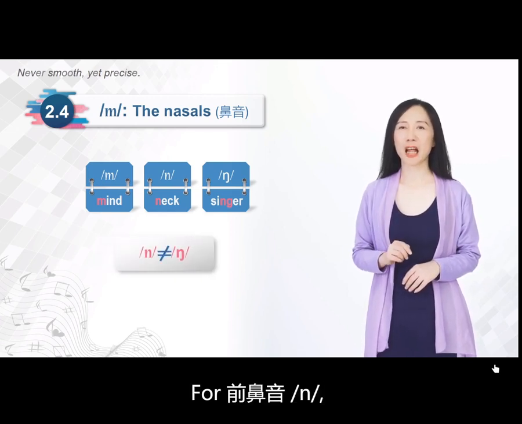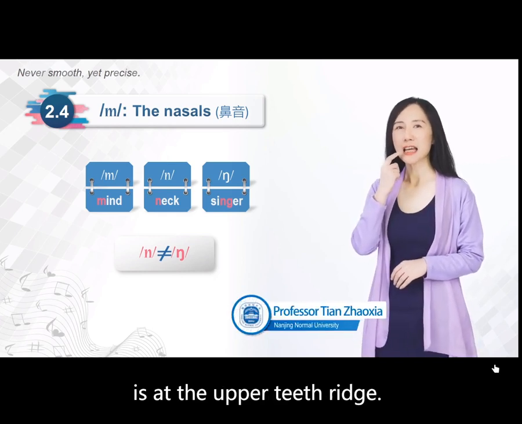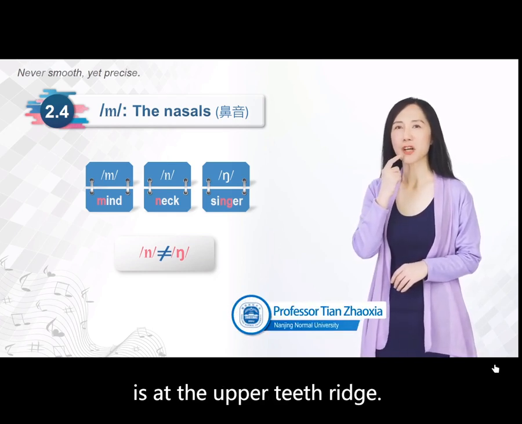For 前鼻音, the tip of the tongue is at the upper teeth ridge here.